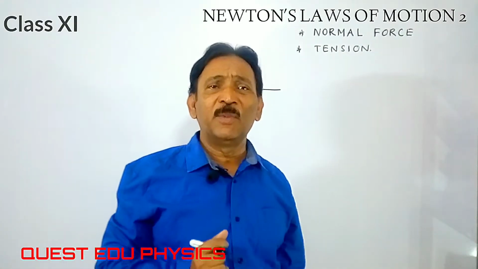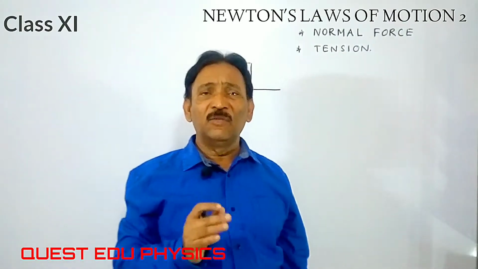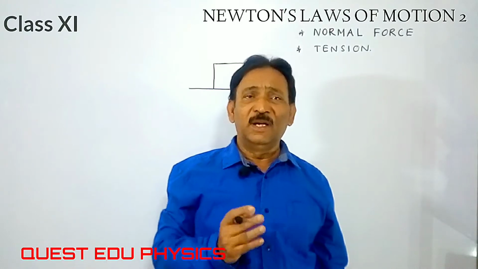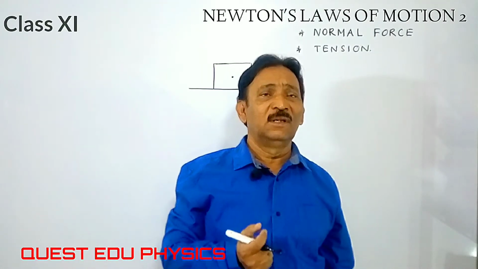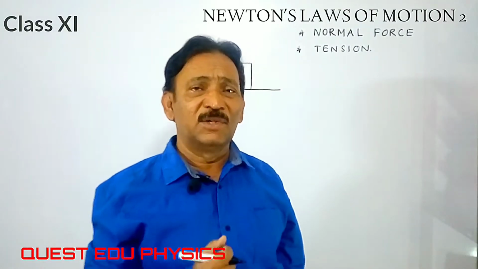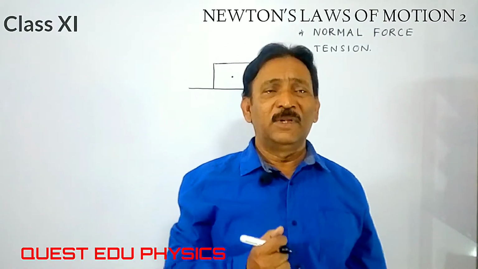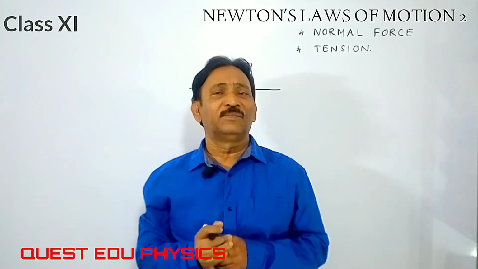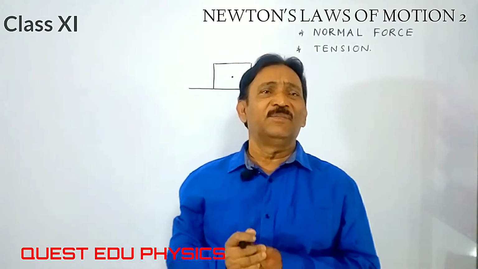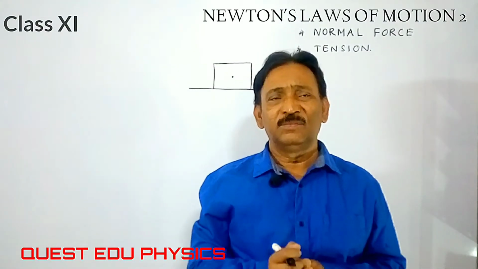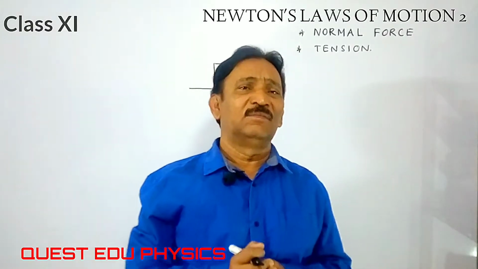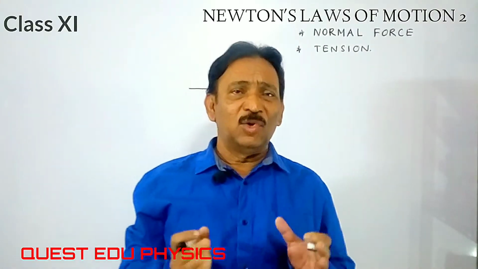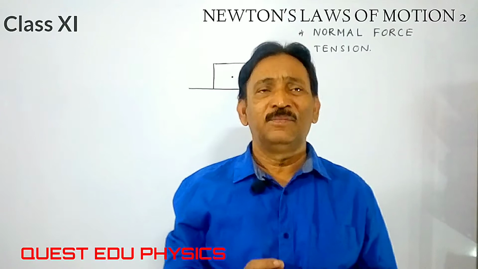Here the body is kept over a surface. Then immediately we have to remember Newton's third law. It is stated like this: to every action there is an equal and opposite reaction. Simply we can say action and reaction act on two different bodies.